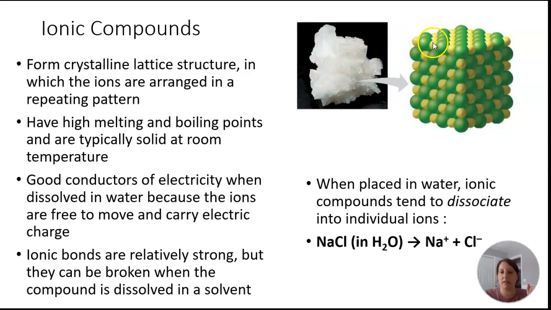Sodium is represented by the little yellow, and chloride is represented by green. And so they tend to form these solid crystal-like structures. Ionic compounds tend to have a high melting point and high boiling point, and they're typically solid at room temperature. Okay, those are the physical properties.